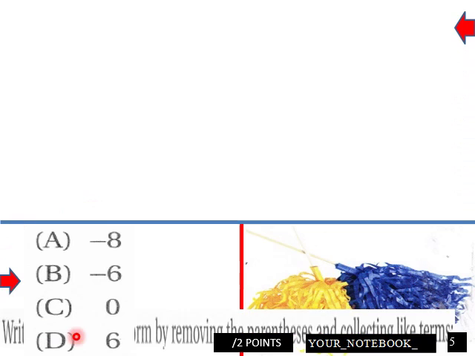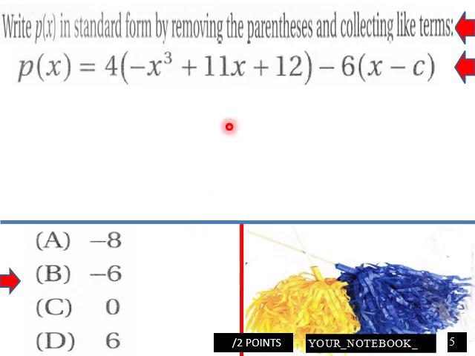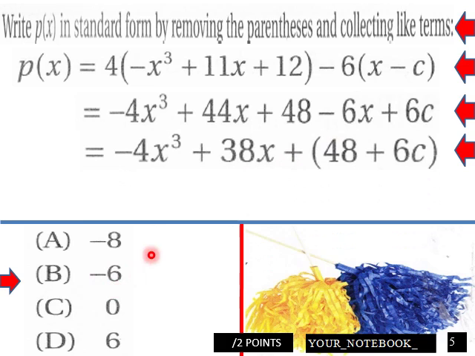Having these as a possibility here, p of x in standard form, removing the parentheses and collecting like terms, we come up with something like this. And then we combine like terms, 48 plus c here, because we know c is our constant, 38x here, let's see, 44x and minus 6x.